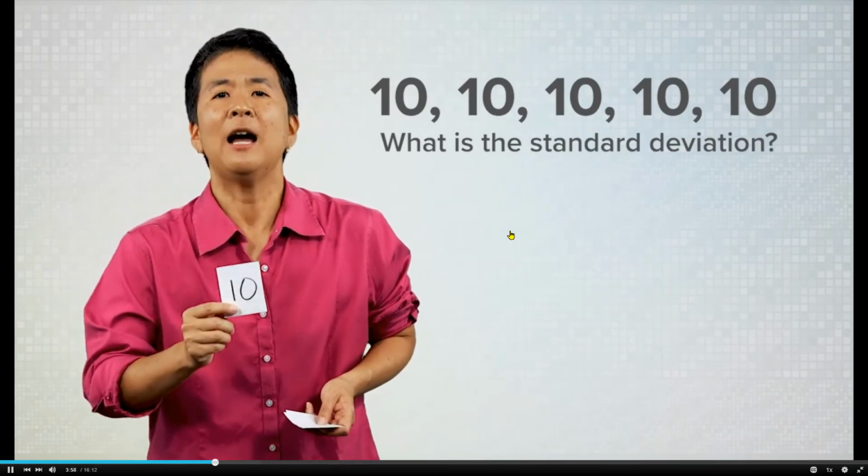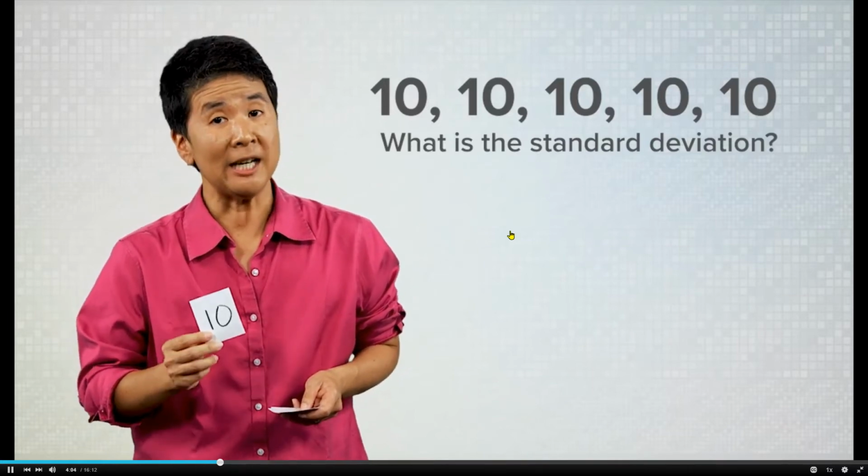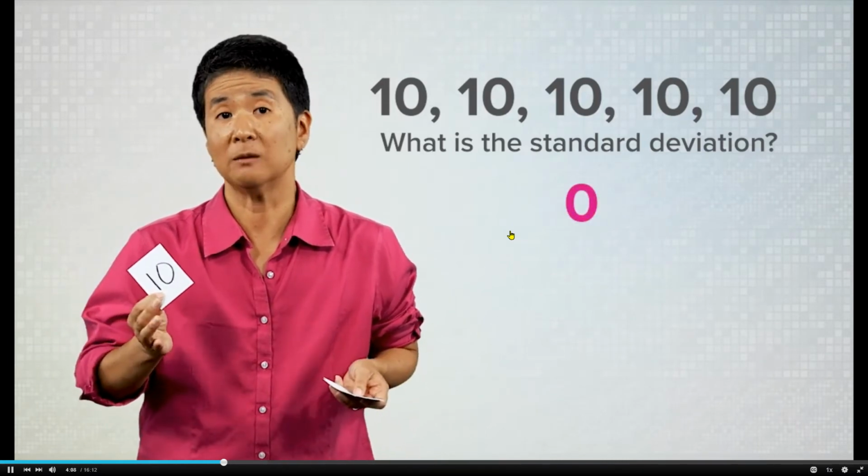I'll ask myself, about how far away is my value from the mean? Well, my mean is 10, so how far is my value from 10? It's 0. Let's try again. Close my eyes, I pick another number. It happens to be 10 as well. How far away is this data point from the mean?